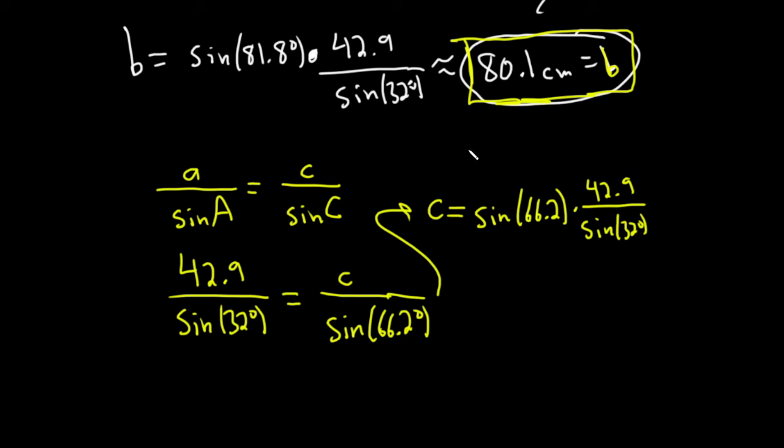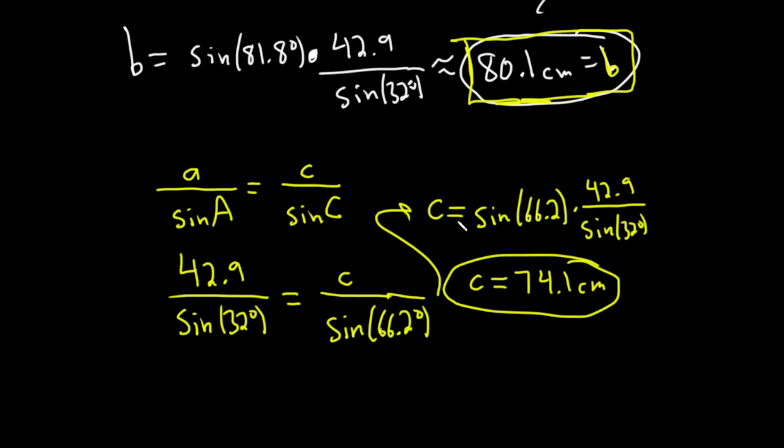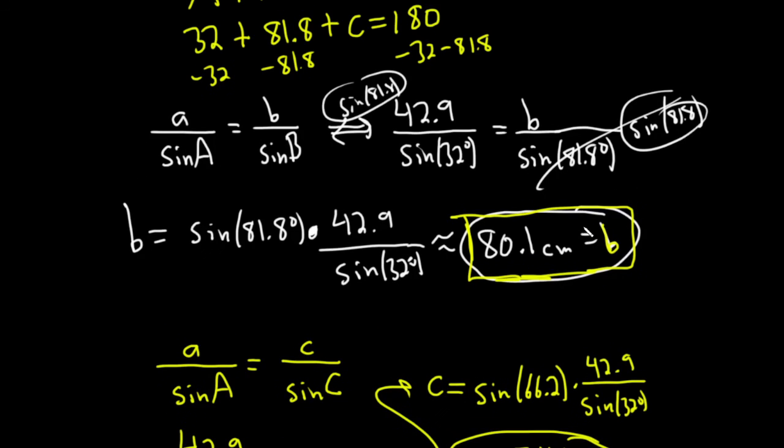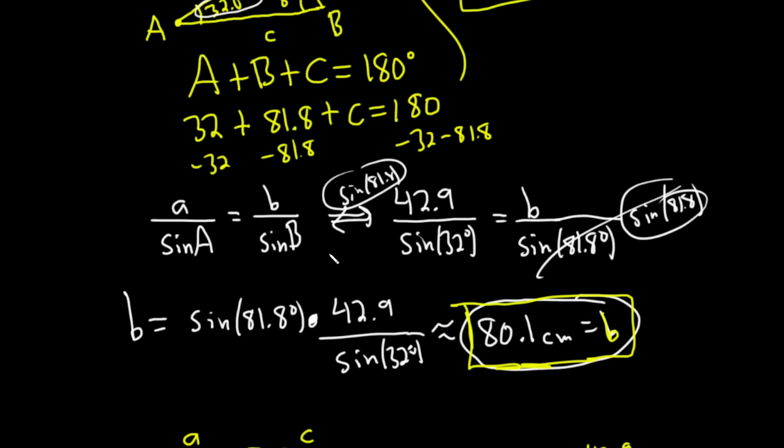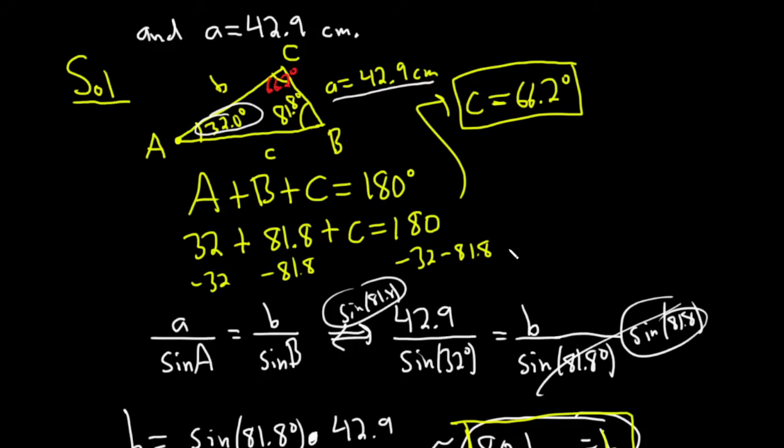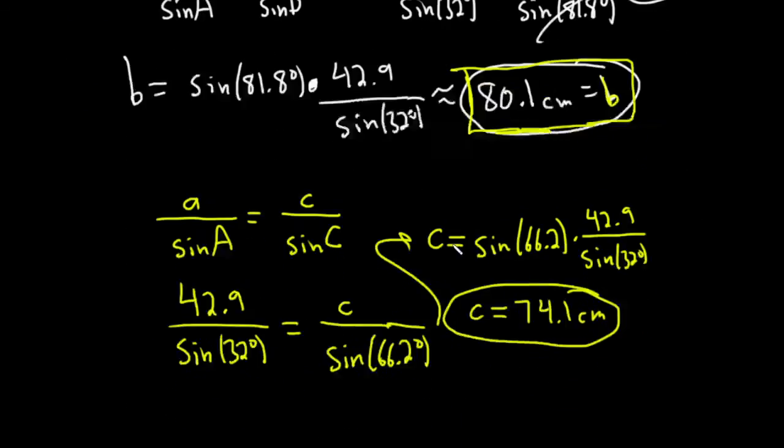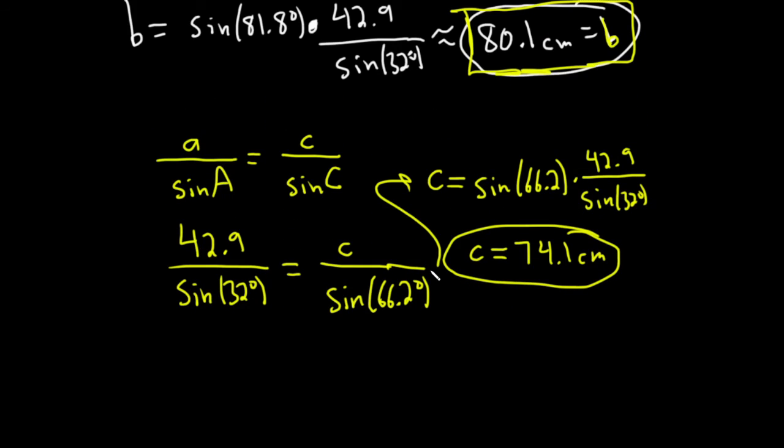Putting this all in your calculator, you get that c is approximately equal to 74.1 centimeters. And that would be all of them. So now we have little c, we have little b, we have little a, which was given. We have all the sides and all of the angles, so we've solved the triangle. So yep, that's it. That's how you use the law of sines. Good luck.